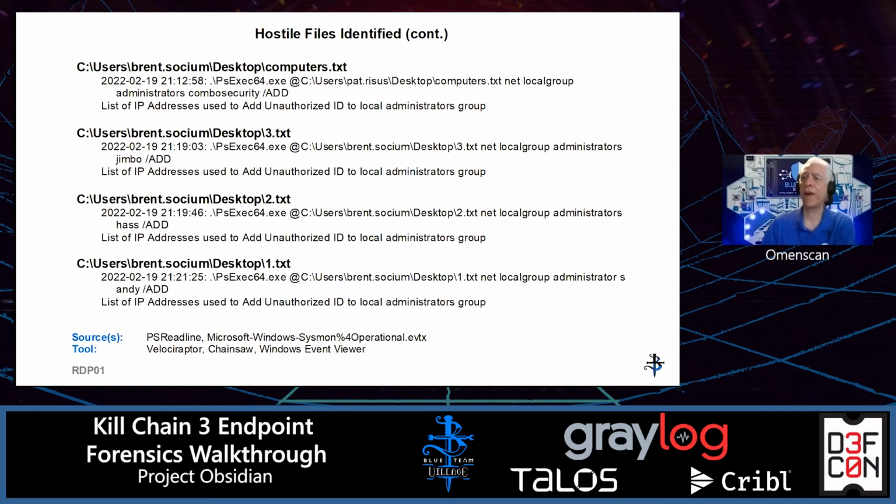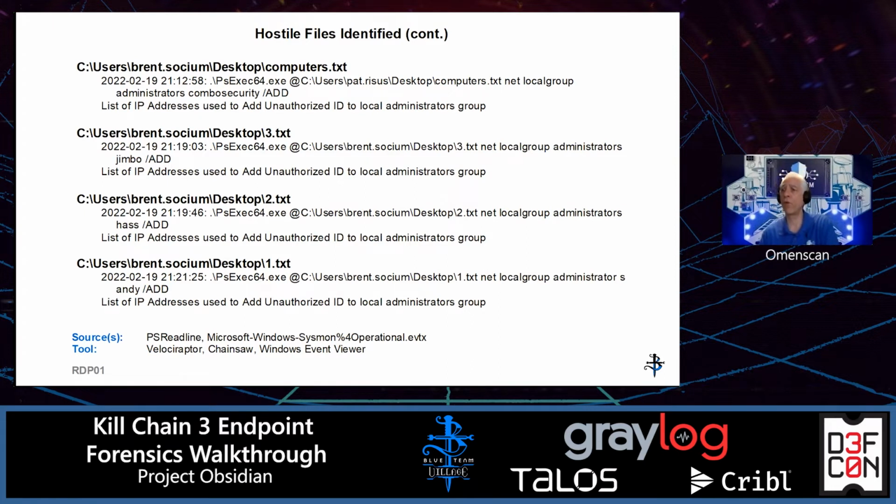In addition, we find some other very interesting files on the Brett Sosham desktop, 4 files called computers.txt, 1.txt, 2.txt, and 3.txt. Diving into those files a little further, we identify that they're a list of IP addresses. This is important because when we look at these files as an investigator, now we have some evidence to decide the next set of machines we should look at.